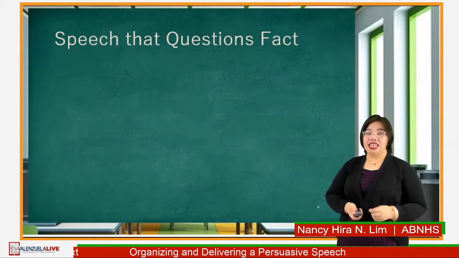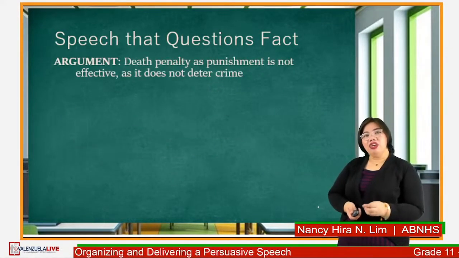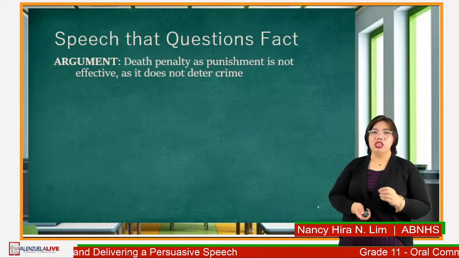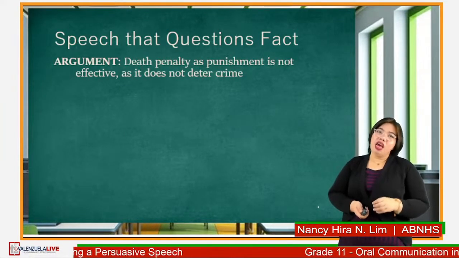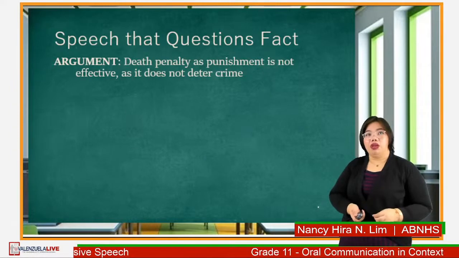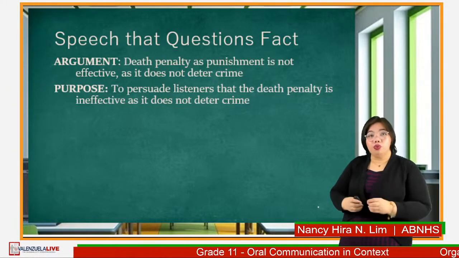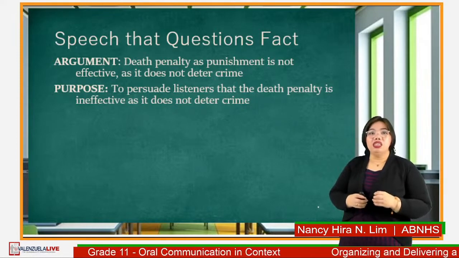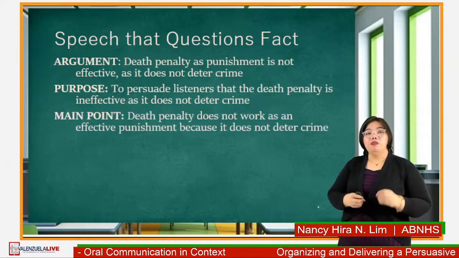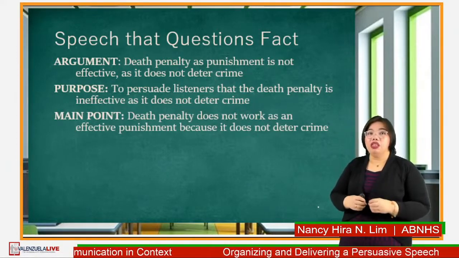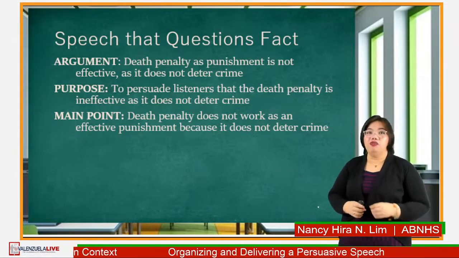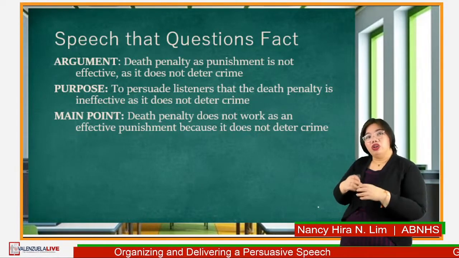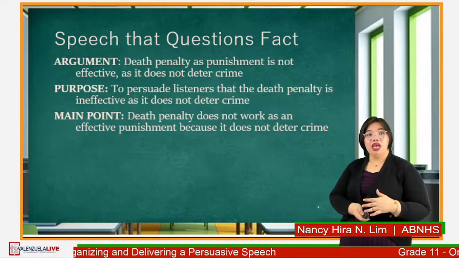Here is an example. The argument would be death penalty as punishment is not effective as it does not deter crime. Your purpose is to persuade listeners that the death penalty is ineffective as it does not deter crime. The main point is death penalty does not work as an effective punishment because it does not deter crime. You see the development now?